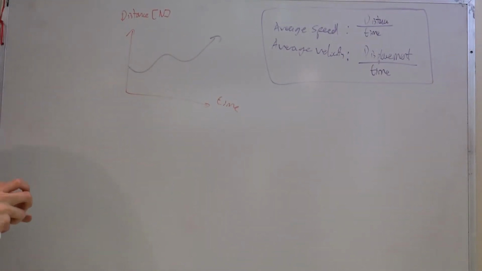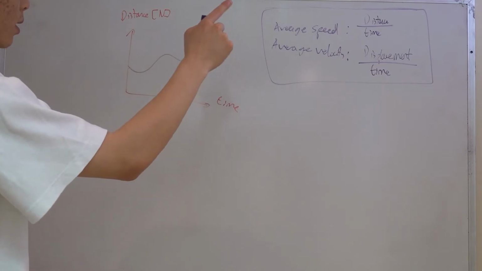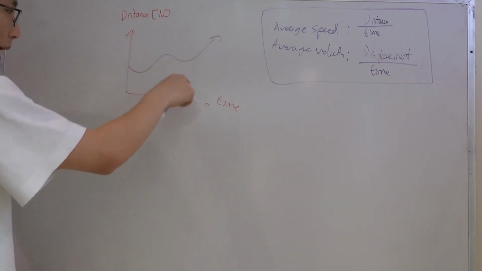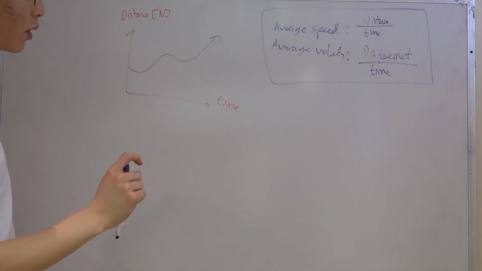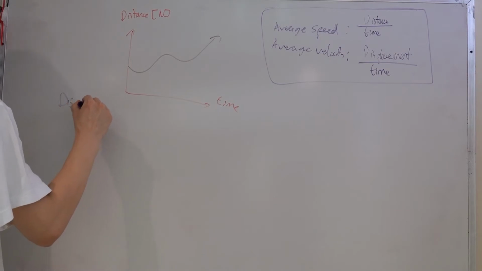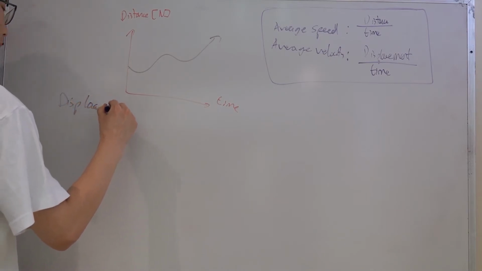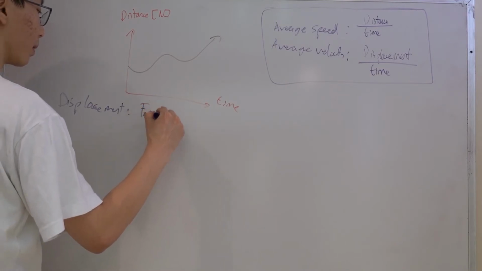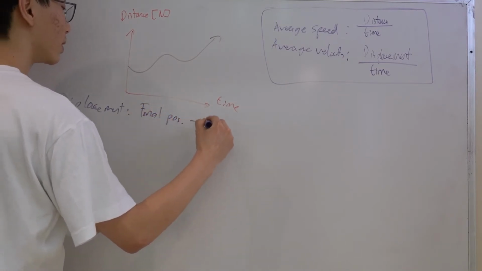Here's how we're going to do that. Finding distance is a little more difficult because you have to take into account going back and forth. So let's do displacement first. Displacement is easy. Displacement is defined as your final position minus your initial position.